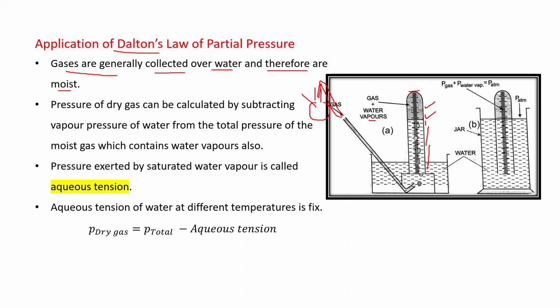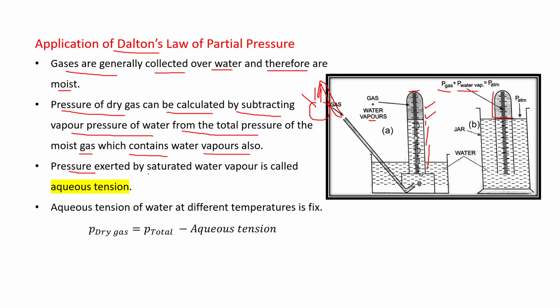That's why if we measure the pressure of the gas collected in this gas jar, this pressure is equal to the pressure of dry gas plus the pressure of water vapors. The pressure of dry gas can be calculated by subtracting the vapor pressure of water from the total pressure of the moist gas, which also contains water vapors.